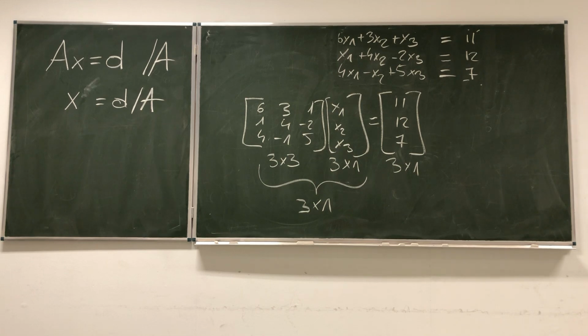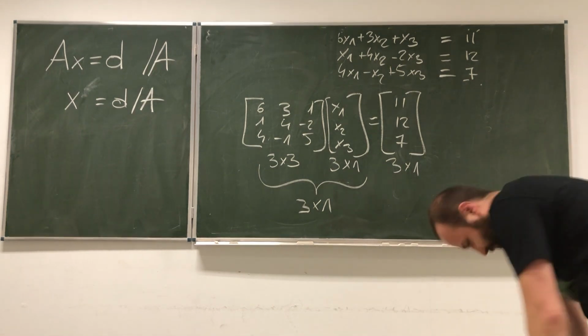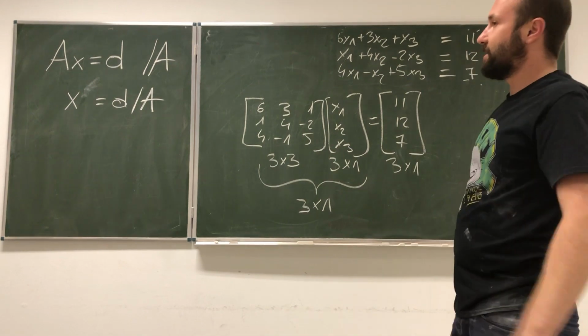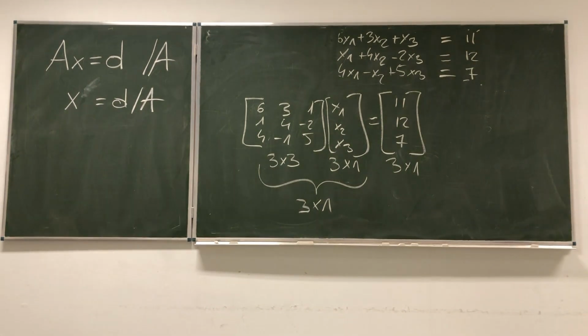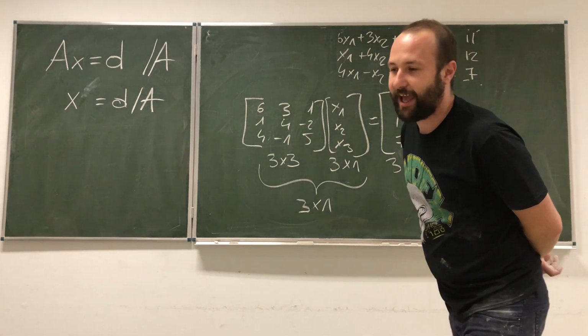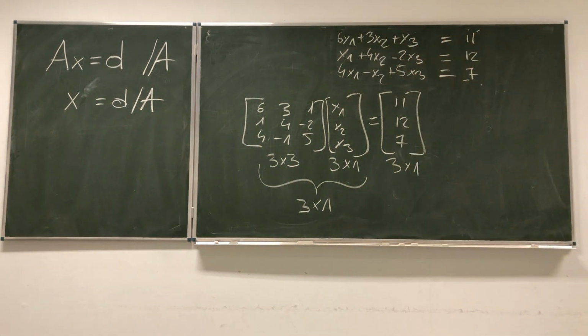But unfortunately, there is no such thing as division in matrix algebra. Well, there is something like division, but it's not exactly division. We will learn that actually we can obtain an inverted matrix A, and by multiplication we will get the identity matrix.